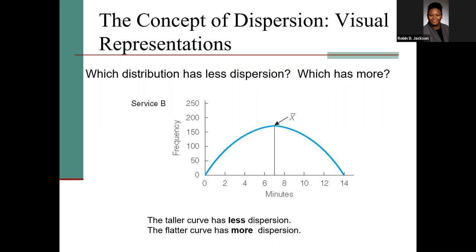So a distribution that shows scores that are further away from the mean has more variation or dispersion. The taller curve, whose scores are closer to the mean, has less dispersion, and the flatter curve, which is what you're looking at on the screen right now, whose scores are further away from the mean, has more dispersion.